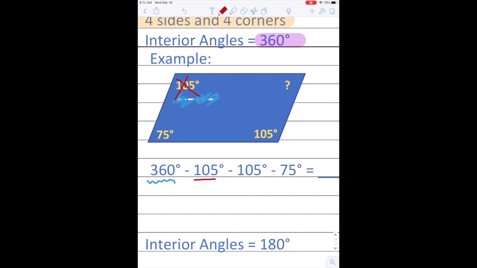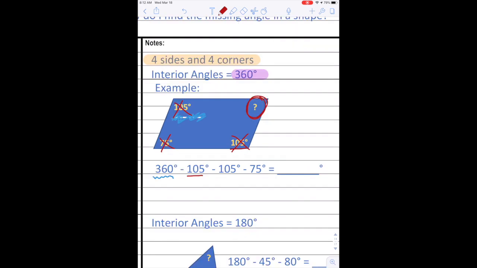So there's another 105. I'm going to cross it off. And then the last one I have is 75. We are trying to find the one that's missing.